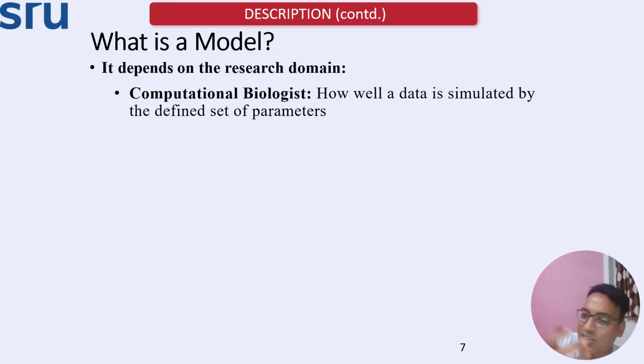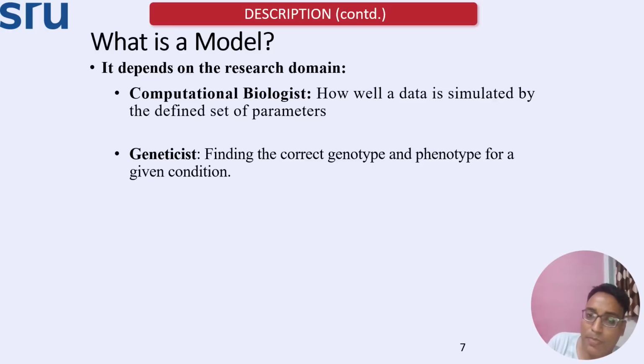Or if something abrupt is coming up, it means some bugs are there, or the computational model is not yielding the required results which I should expect from the biological system. For a geneticist, it means finding the correct genotype and phenotype for a given condition. That's what the model means.